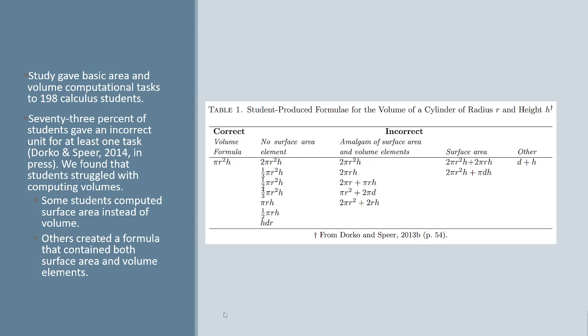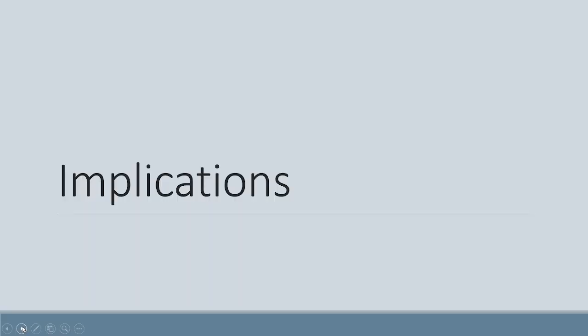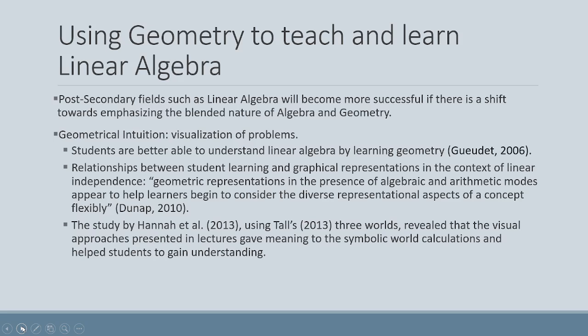And so what are some implications from all of this, in summary of what we've talked about from this research? Post-secondary fields such as linear algebra will become more successful if there's a shift towards emphasizing the blended nature of algebra and geometry.